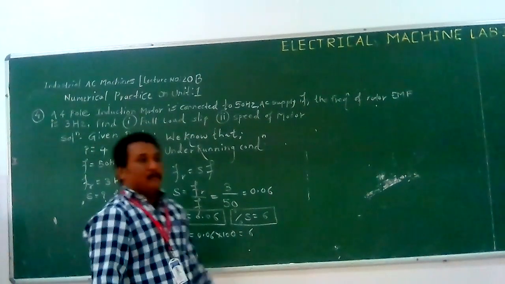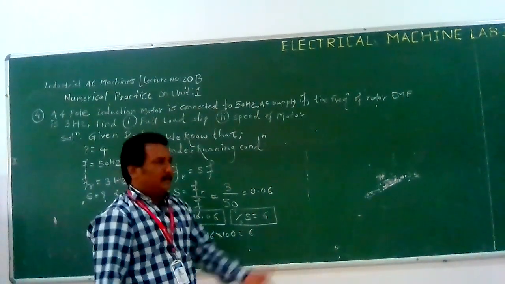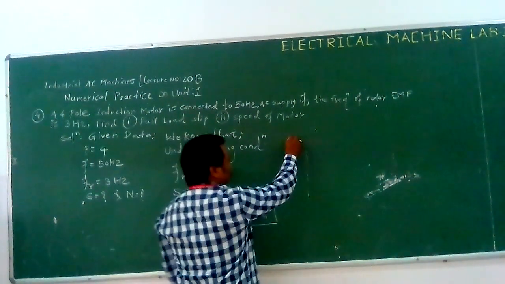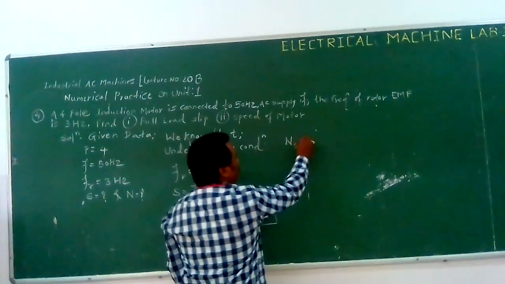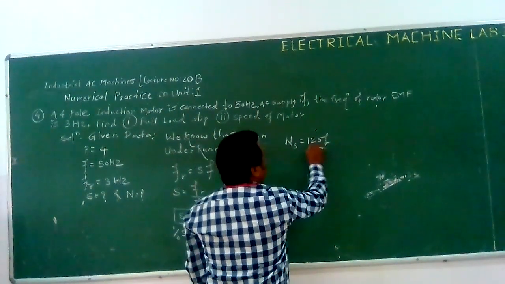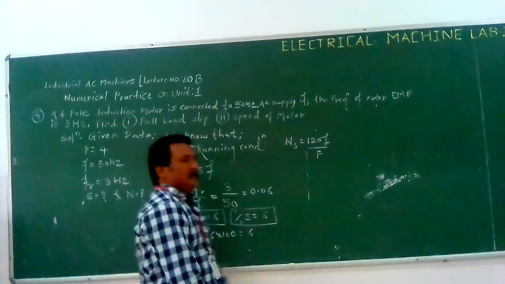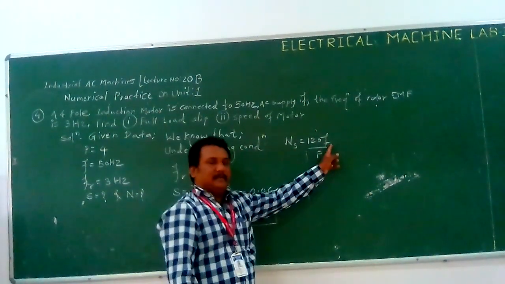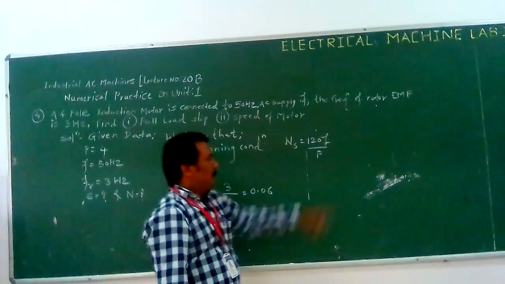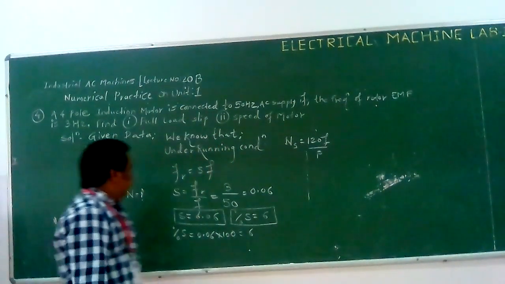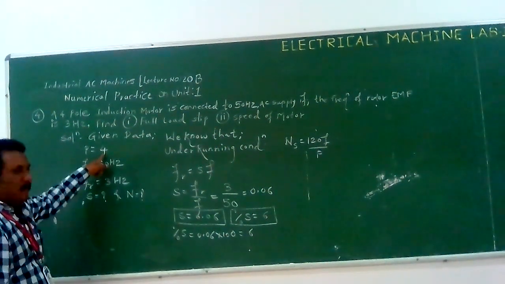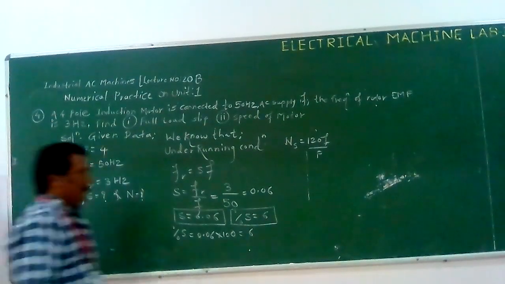Now the speed of the motor. Determining the speed of the motor is simple. Ns is equal to 120 F upon P. Here F is the supply frequency, meaning the stator supply voltage frequency. P is the number of machine poles. Here F is given as 50 Hz and the number of machine poles is given as 4.